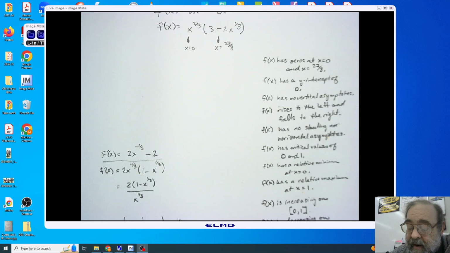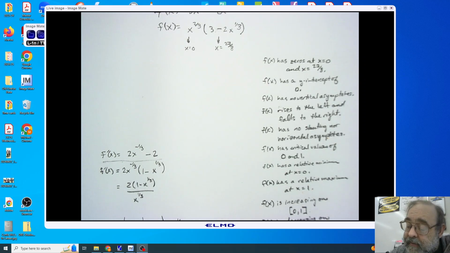Notice 4/3 is never going to change sign. That value is 0 that we'll use. So I have negative 2 and 1/3. I'm looking at always concave down.